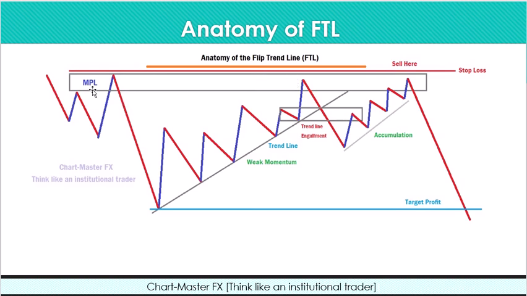So generally, if you look at all the price approaching strategies that we have at Chartmaster FX, you realize that in most of them, there is a slowing of movement of price. The price slows down as it approaches the MPL or the decision point that the price is reacting to. So once we see that slow movement of price, then we know that most likely this MPL or this decision point will hold the price.